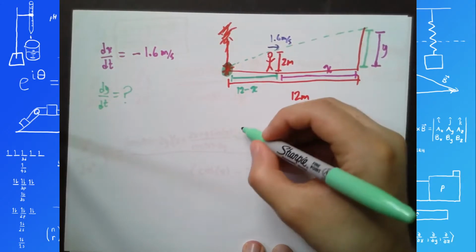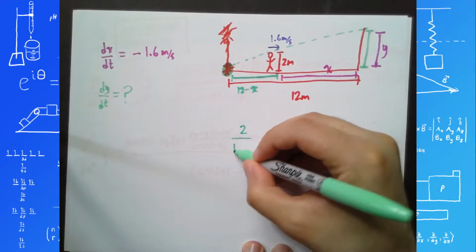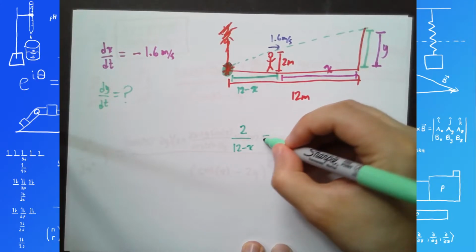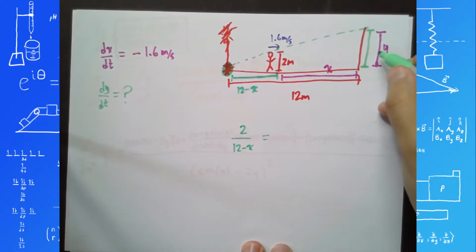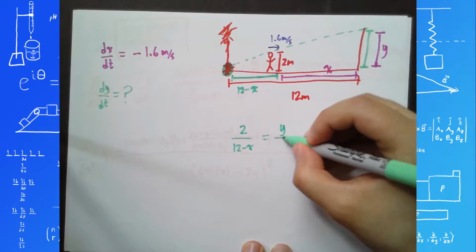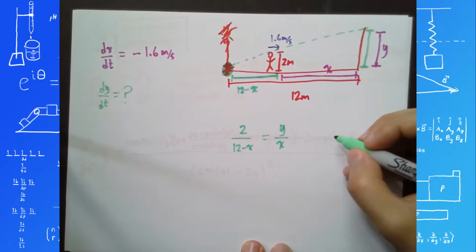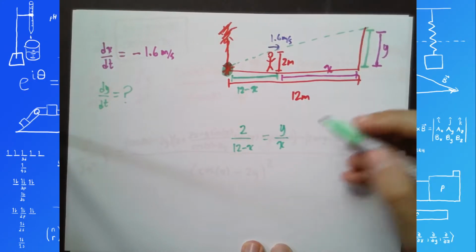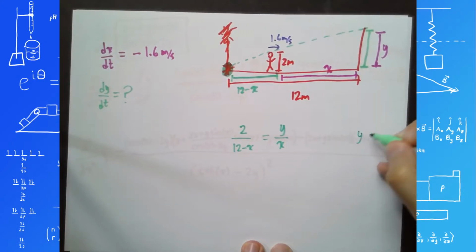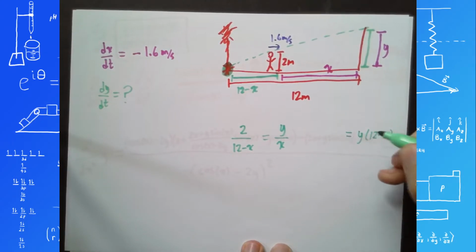So I can say 2 over 12 minus x equals y over x, and I might want to rearrange this a bit. Let's go ahead and cross multiply. So we get y times 12 minus x is equal to 2x.